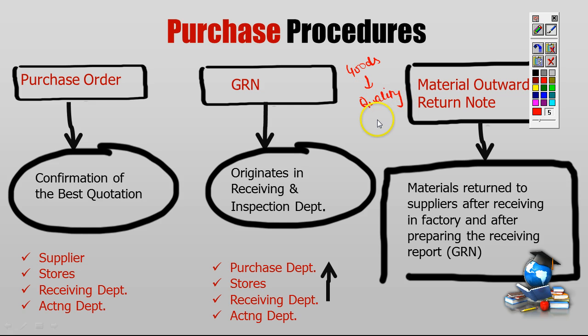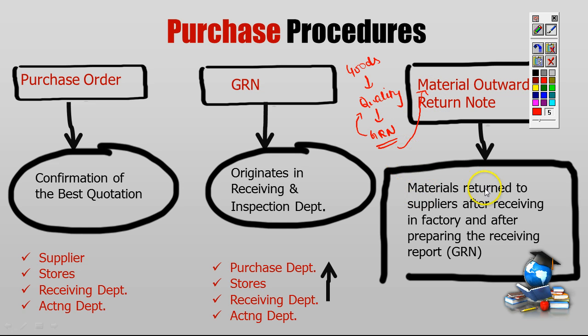If the quality is met, you will issue a goods received note. Now you have already issued a goods received note, but then you go and check and find there are some issues regarding the quality. So you have to return the goods back to the supplier.